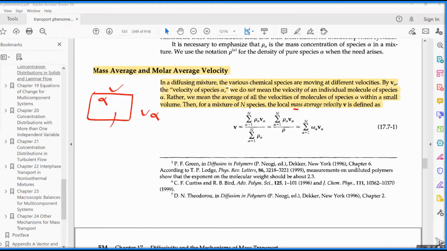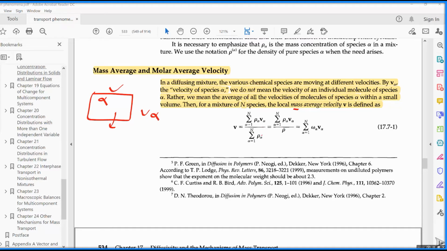Let's say we have a system containing more than one species. Then the mass average velocity of this system, defined by V, is given by this formula: the summation of the individual species mass concentrations multiplied by the individual species average velocities, divided by the total mixture mass concentration, or density.